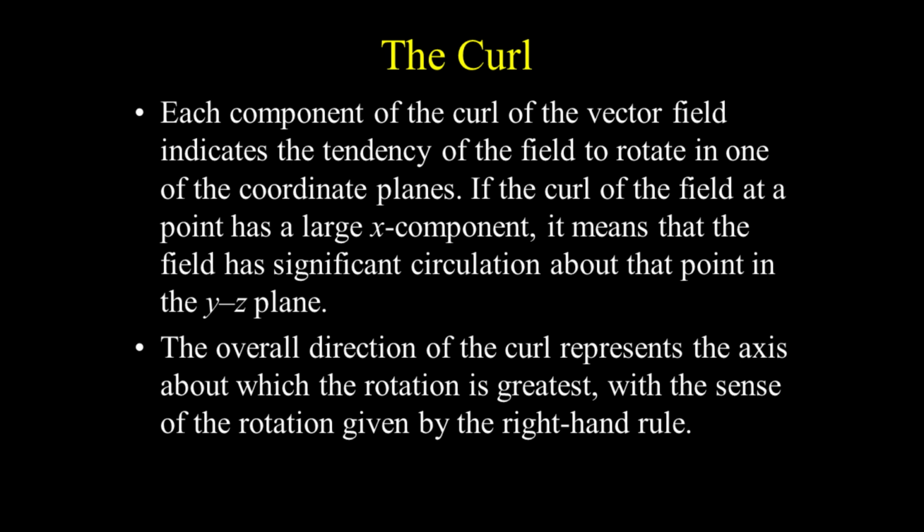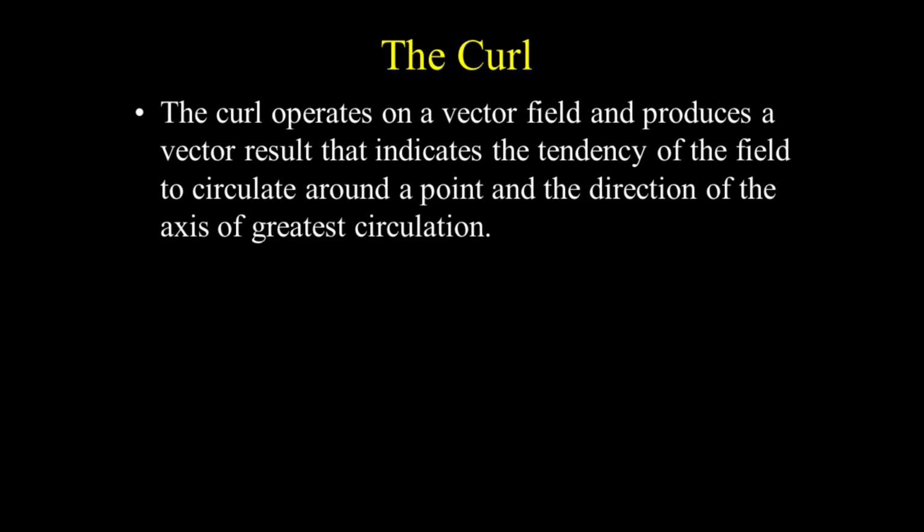The overall direction of the curl represents the axis about which the rotation is greatest, with the sense of the rotation given by the right-hand rule. The curl operates on a vector field and produces a vector result that indicates the tendency of the field to circulate around a point in the direction of the axis of greatest circulation.